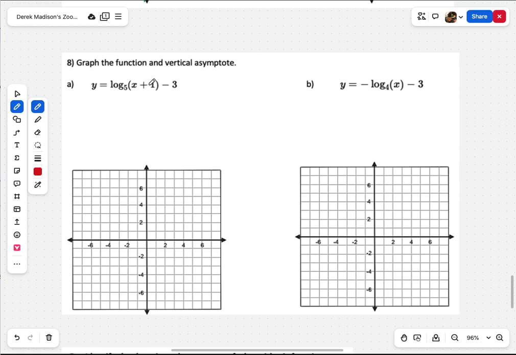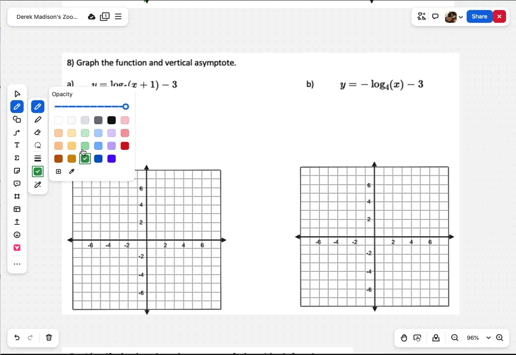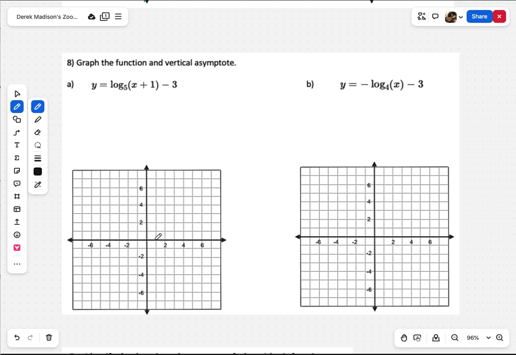Let's see, so this one is going to go left 1 and down 3. And it's still base 5. So let me get that parent one drawn in. The vertical asymptote is going to shift with the left-right shift, so that's going to shift 1 to the left.